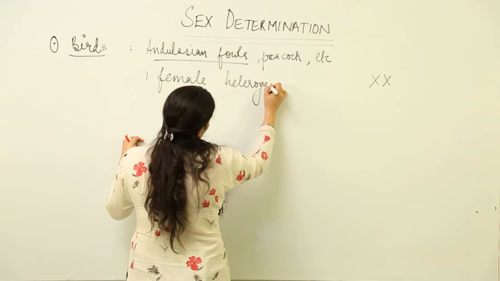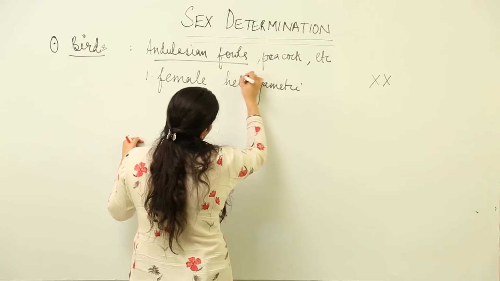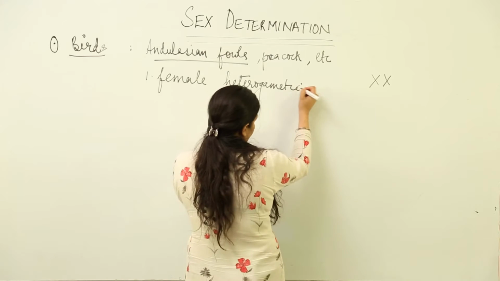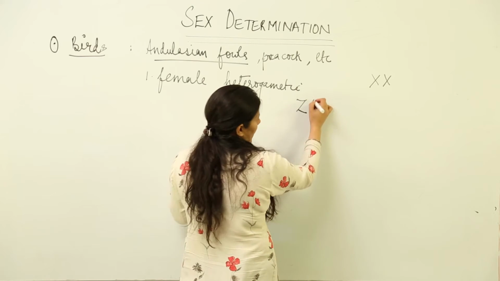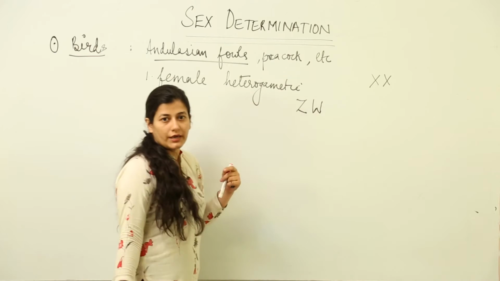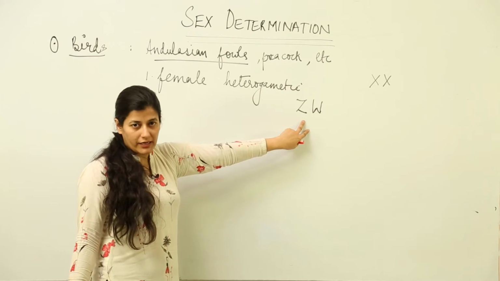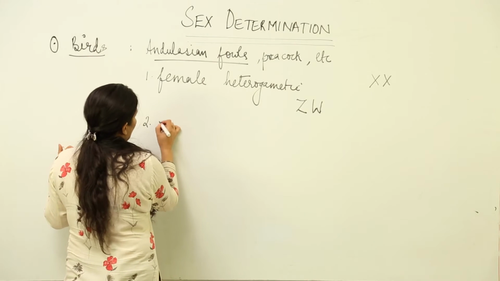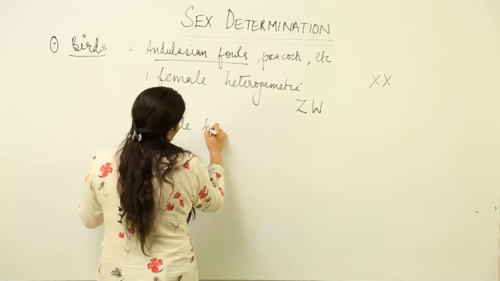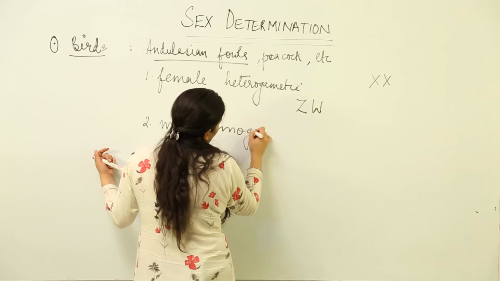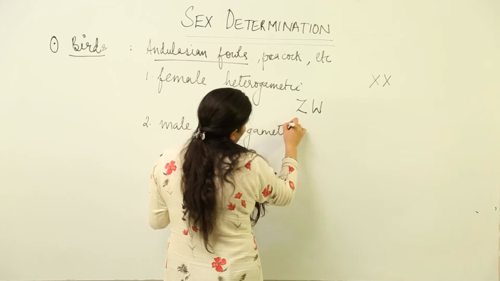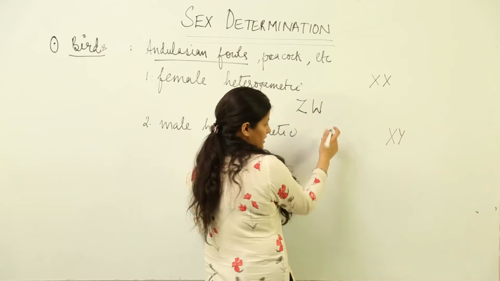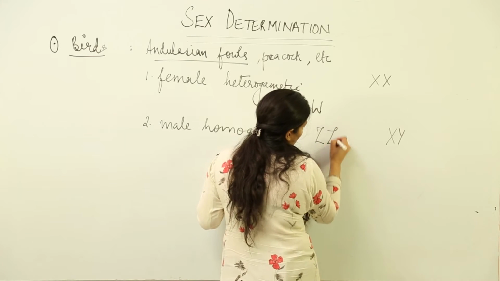So, supposedly we represent the female's allosome composition to be Z and W. This would be the female and the male would be homogametic over here. In case of human beings, what is the male's composition? It is XY. Certainly it is heterogametic, but in this case the male would be homogametic.